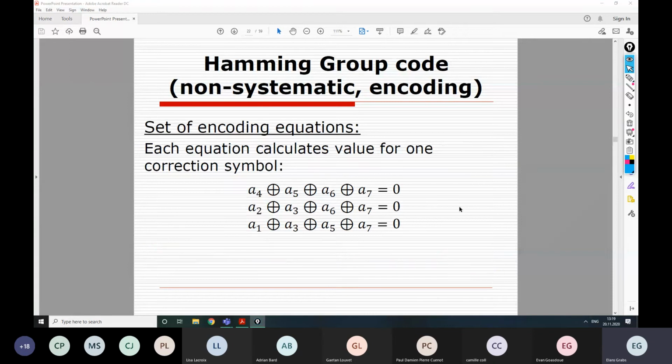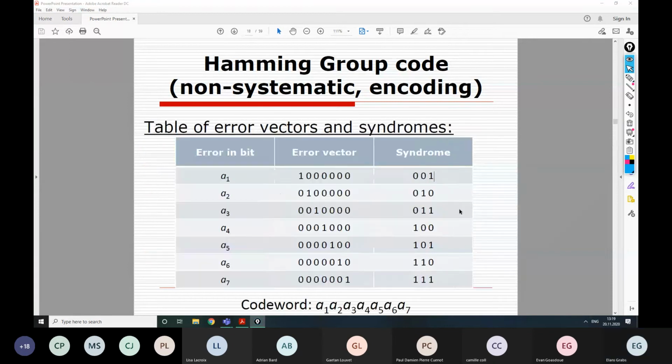Well, basically this has happened because these symbols in binary form contain only one element of 1, yes? So that would be A1, A2, and A4. And they are, in fact, positioned in the power of 2 locations.